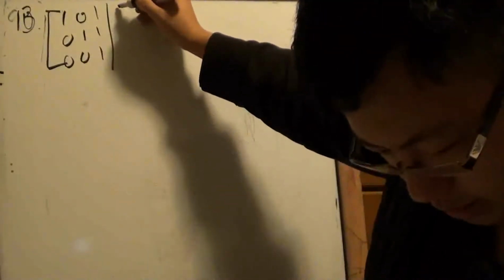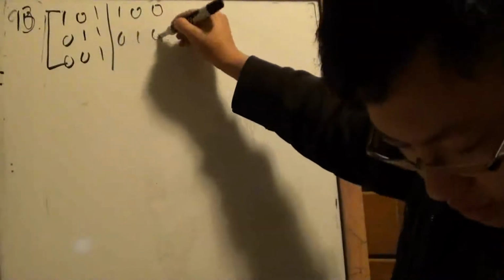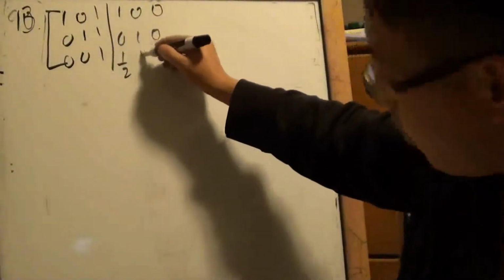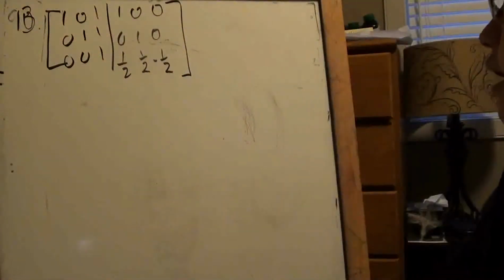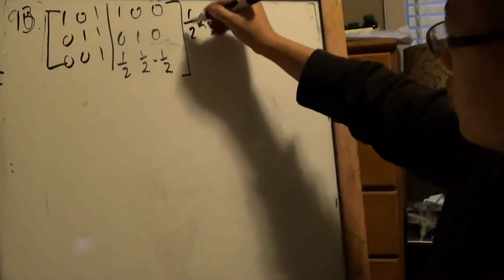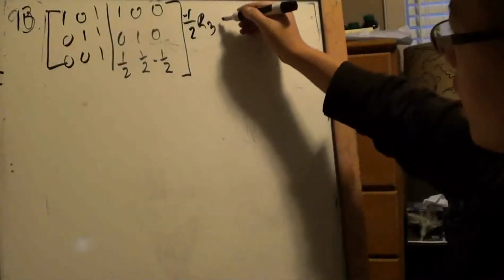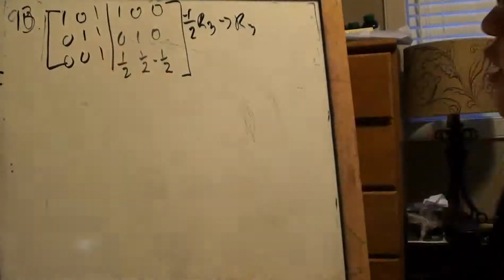So let's see, 1, 0, 0, 0, 1, 0, and 1 half, 1 half, negative 1 half. That was just row 3 divided by negative 2, giving me a new row 3.